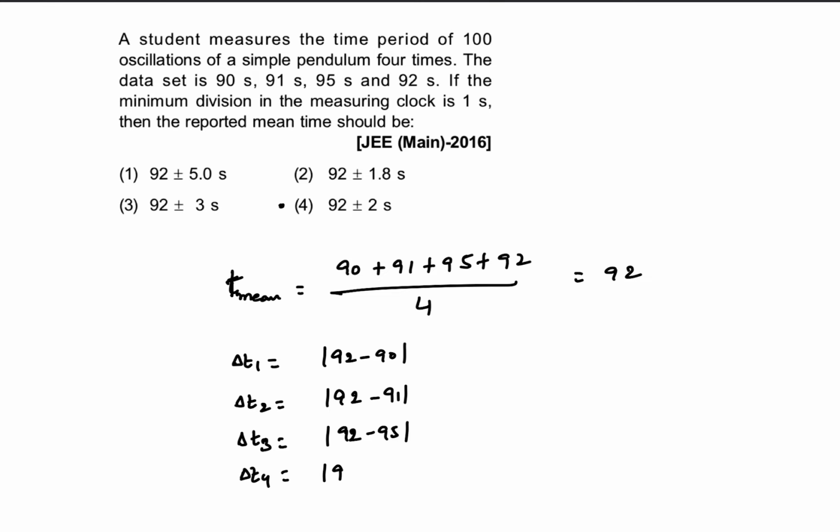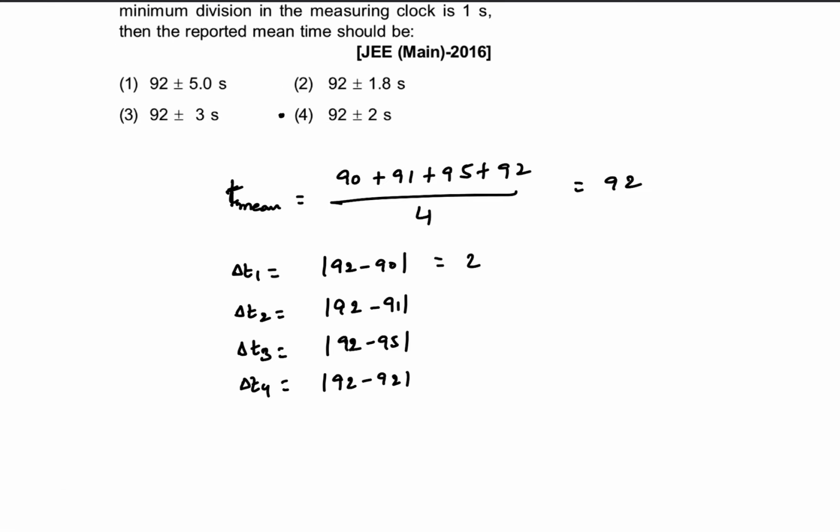Delta t2 will be the magnitude of 90 minus 91. Delta t3 will be the magnitude of 92 minus 95. Delta t4 will be the magnitude of 92 minus 92. You will get values like 2, here 1, here 3, here 0. You calculate the delta t mean value.